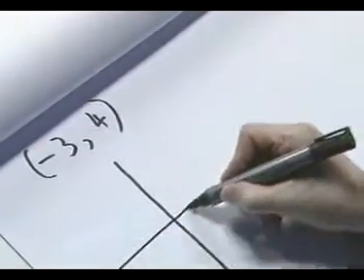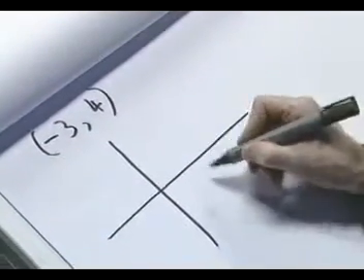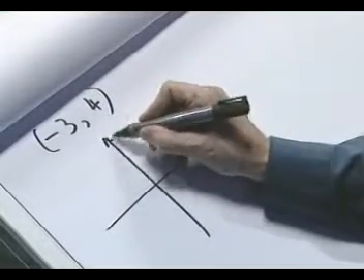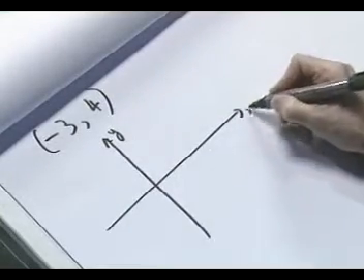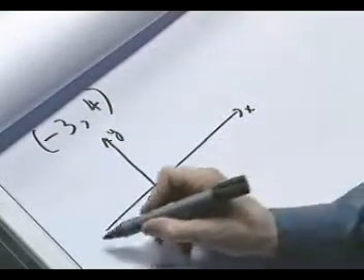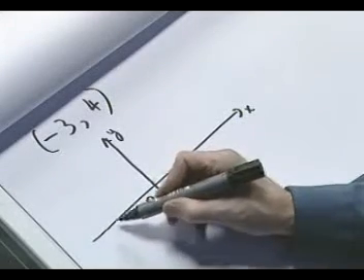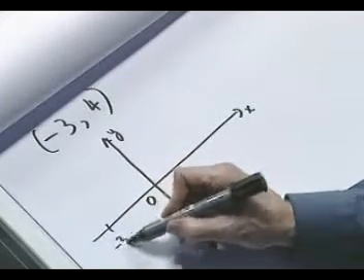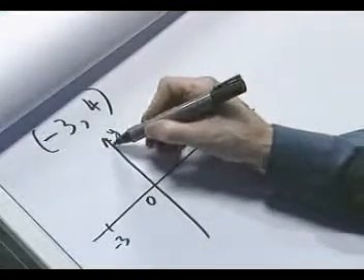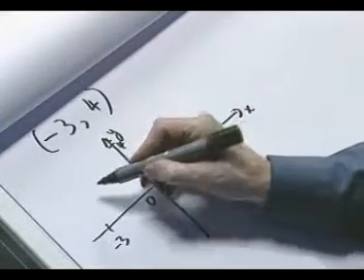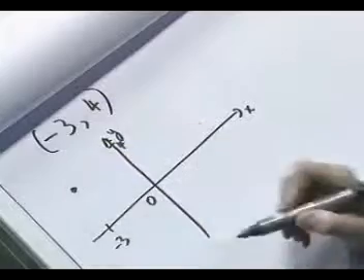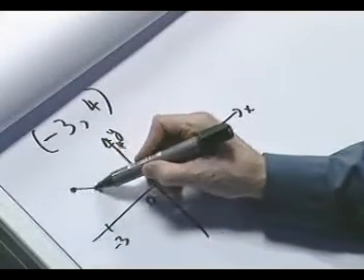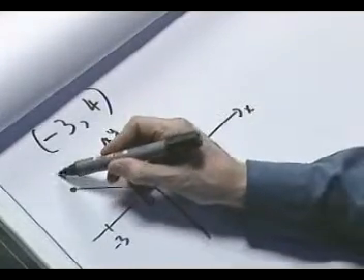Let's begin by establishing whereabouts it is on our Cartesian axes. -3 means it's back here somewhere, so there's -3, and the 4 on the y, it's up there. So our point is there. Let's join it up to the origin.